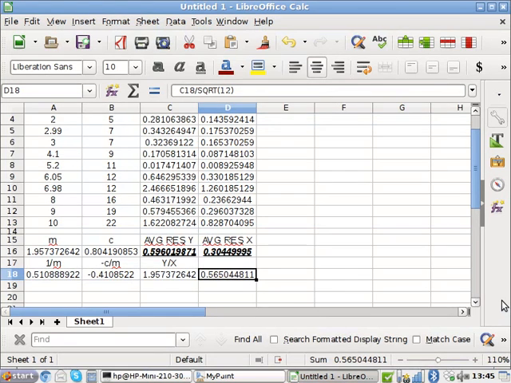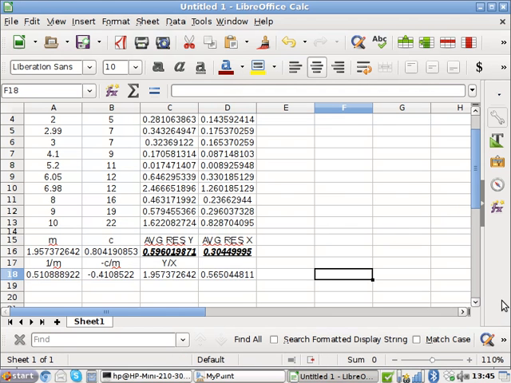So for example here, our final answer would be bracket 1 over the slope, which is this number, times the uncertainty in the slope, which is this number, over the slope, which is this number.